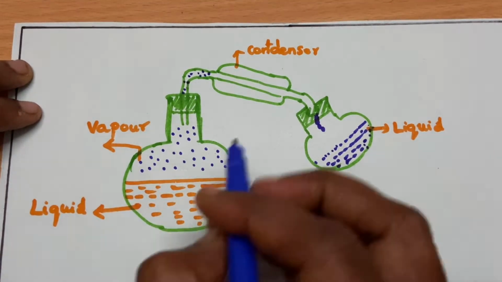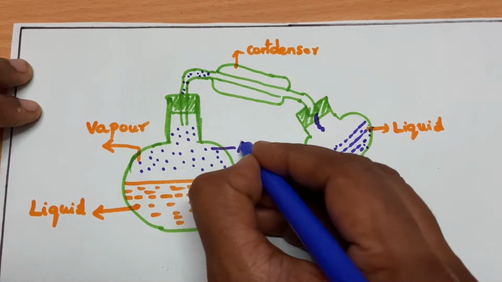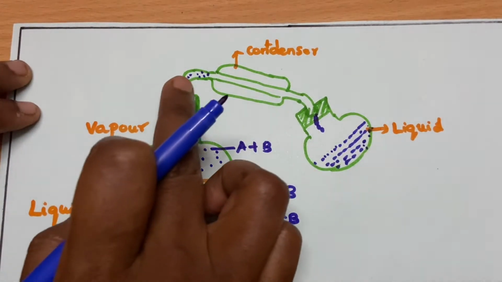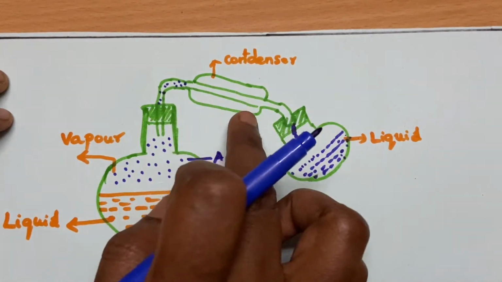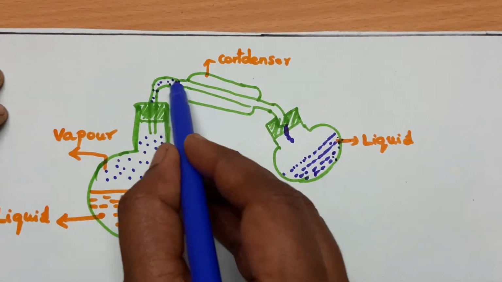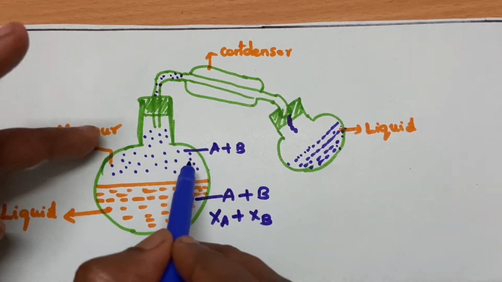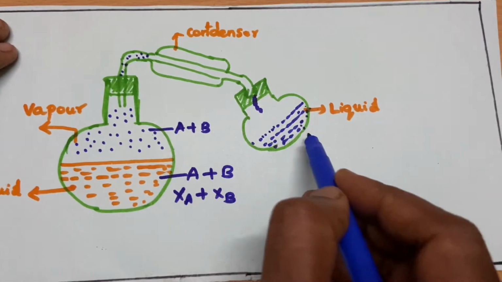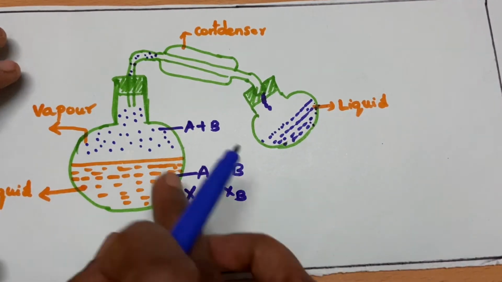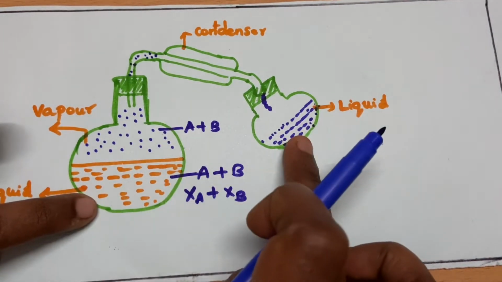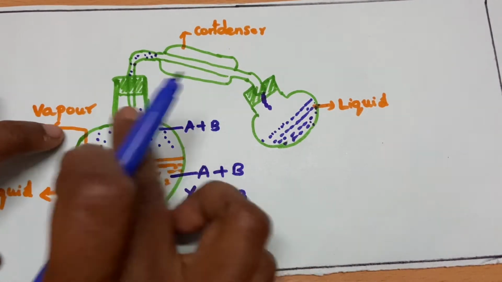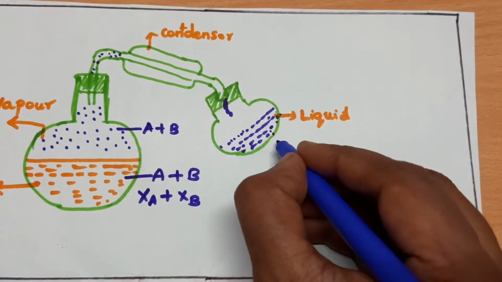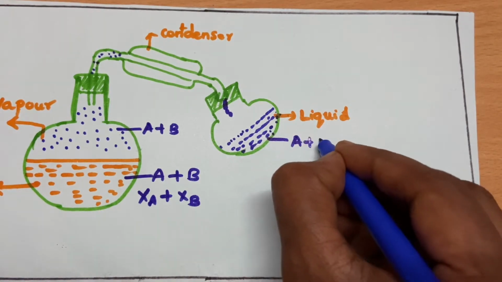Here also we have A and B but in vapor form. When these vapors are passed through a condenser, the molecules, which are very far apart, get closer to each other and become liquefied. I have indicated this through color. This liquid is not the same as this liquid. The vapor form is turned into liquid, so here also we have A plus B.